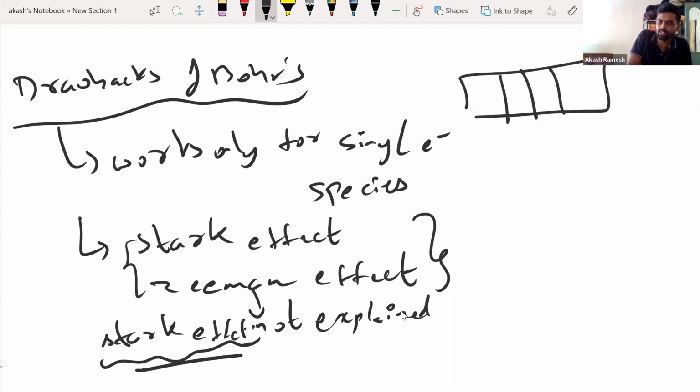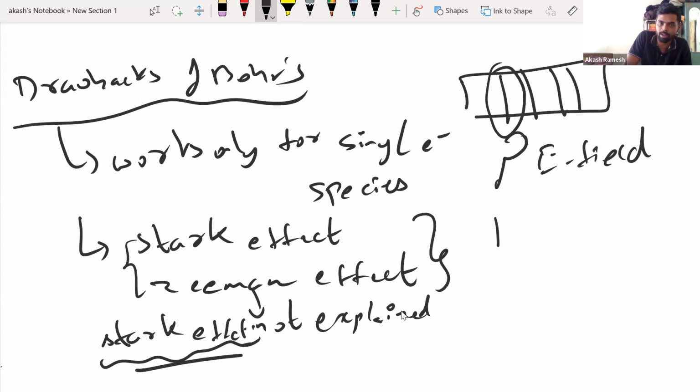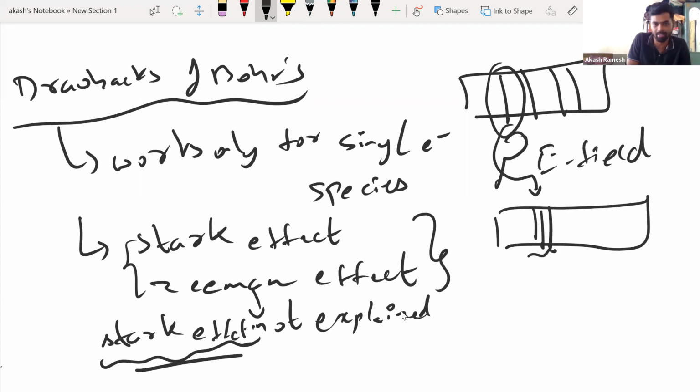In the spectrum, due to the transition, you get some lines. Now if I apply an electric field, what Stark observed is that a particular line got divided into multiple smaller lines when they applied the electric field. This is all you have to understand, and Bohr was not able to explain it.